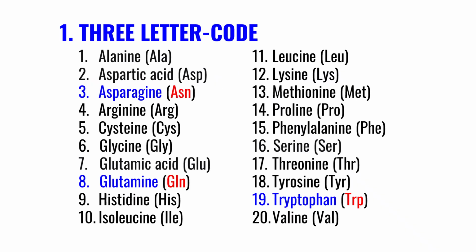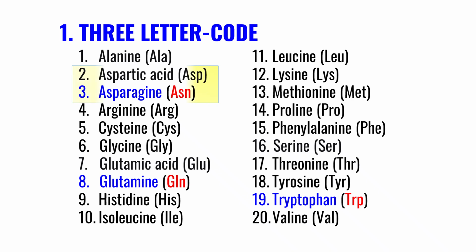Regarding the representation of amino acids using the three-letter code word, I would like to emphasize that in most cases the first three letters are used to denote an amino acid. However, there is a discrepancy which I would like to explain here.